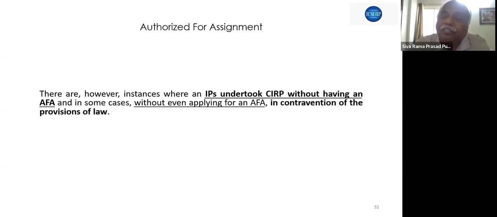There are, however, instances where IPs undertook CIRP without having AFA, which is highly irregular. That's why every place some barriers are there. NCLT also verifies while giving the assignment, and the financial creditors, some banks, ask whether you have AFA live or applied. Without even applying for AFA is in contravention of the provisions of law, which is not correct.